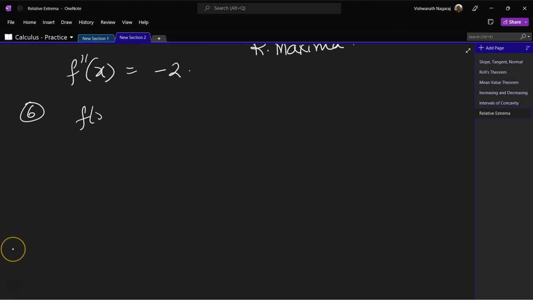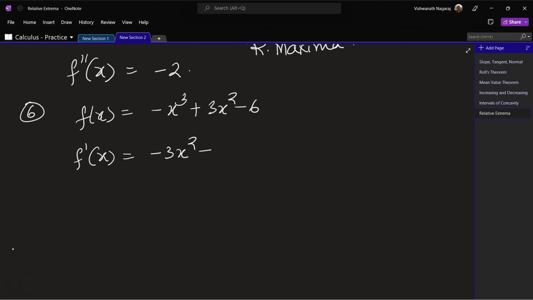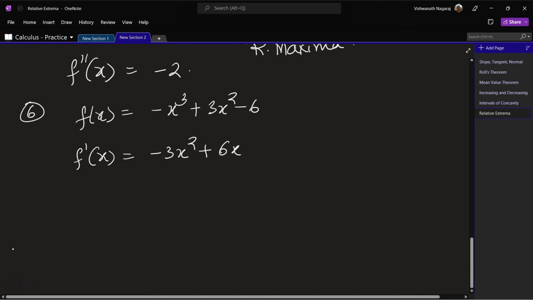Next one, f of x is equal to minus x cube plus 3x square minus 6. f prime of x is equal to minus 3x square plus 6x. Equating it to 0, let's take minus x common out.